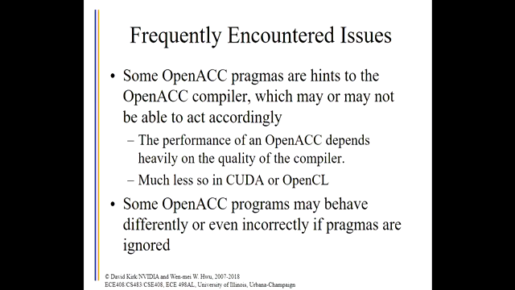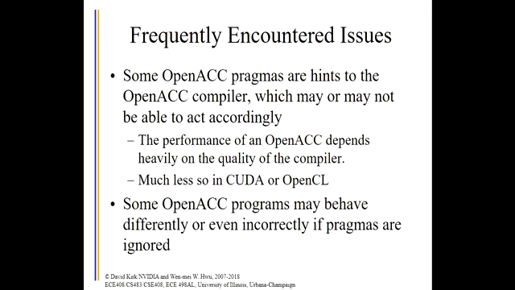Some of the compilers may say, okay, it's a hint that this thing might be parallel. But when I do the analysis, because my analysis is not very accurate, I may not be able to tell conclusively that all the iterations are independent of each other. Therefore, I'm not going to do that transformation, because this is just a hint, so it's up to me to ultimately implement it correctly.